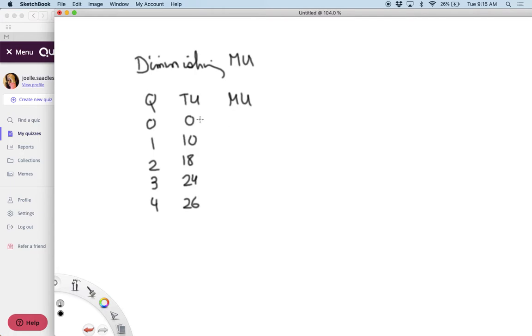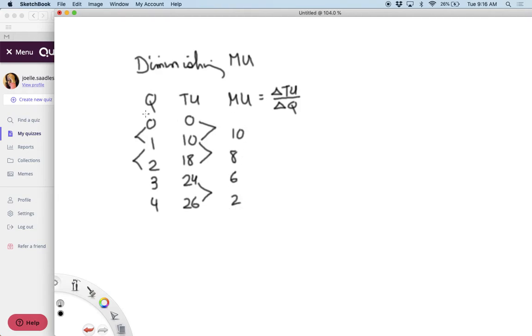Marginal utility is the change in total utility divided by the change in quantity. Here the change in total utility is 10 divided by 1, so it's 10. The second unit gives you 18 minus 10, which is 8, divided by 1 is 8. Going from 18 to 24, that's 6. Going from 24 to 26, it's 2.